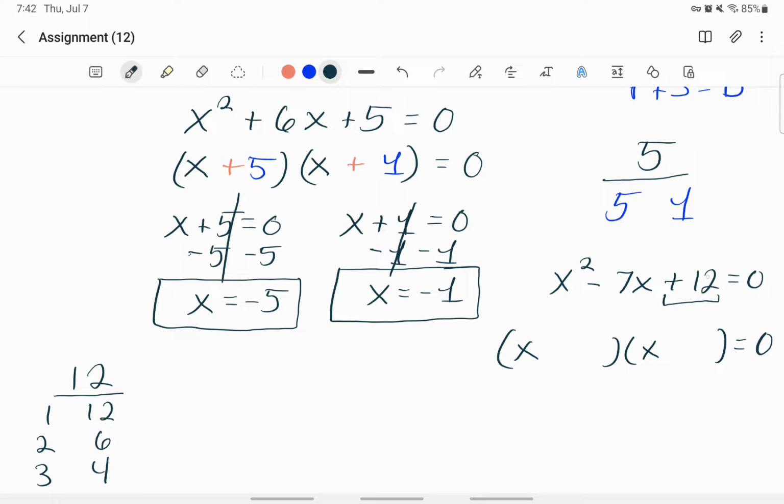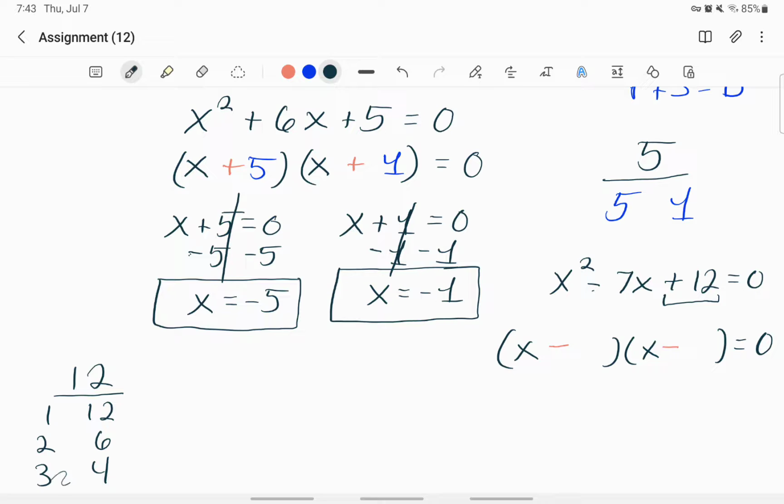The only way to receive a positive number when you're multiplying is if the signs are the same. But because the b term is negative, that means both values that I'm going to find must be negative. So put a negative here and a negative here. Two numbers that will add to negative 7.